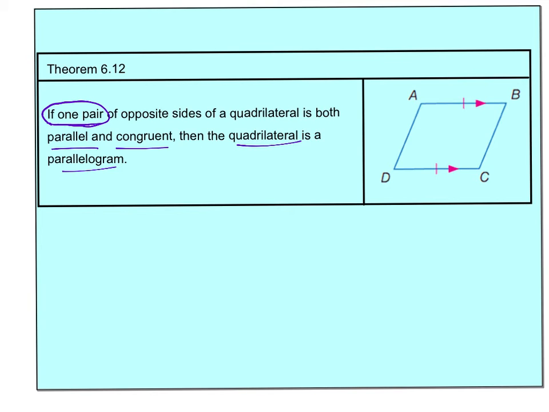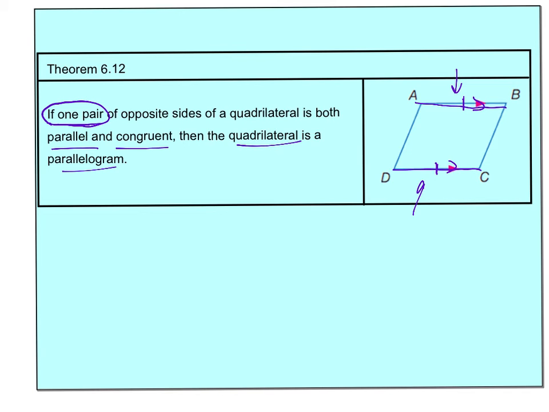I'm just concerning myself with AB and DC, okay, and I'm just showing boom, boom, parallel, parallel. And this seems to be pretty straightforward. How do I know this is going to work?